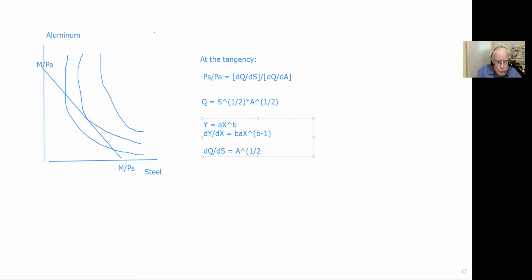So we will treat the expression for A as a constant in this derivative, times 1/2 times S to the power of negative 1/2.